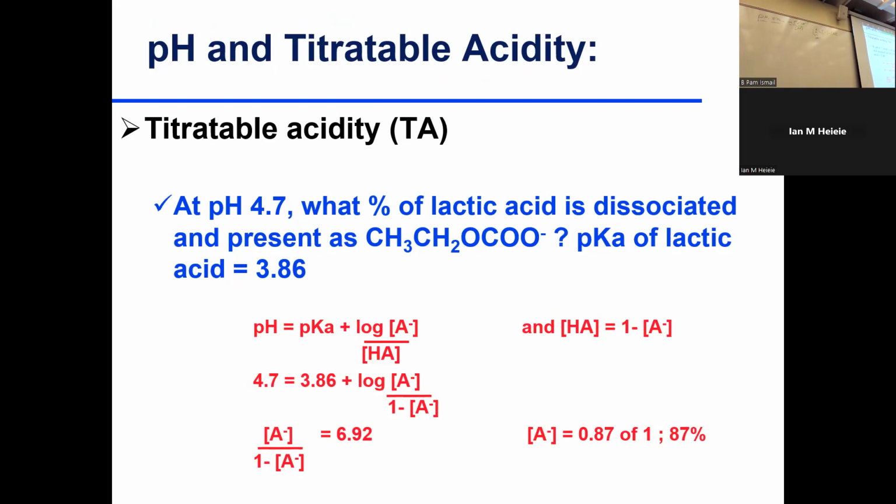Then you do your algebra solving for X, and you get 0.87 if you use 1, or you get 87%. We're looking for a percentage, so it's just a matter of using your calculator correctly. Okay.